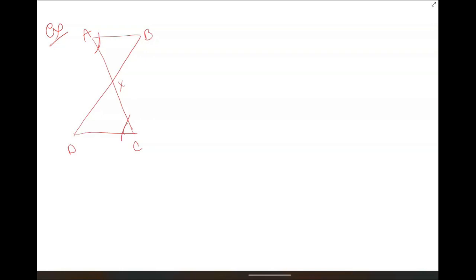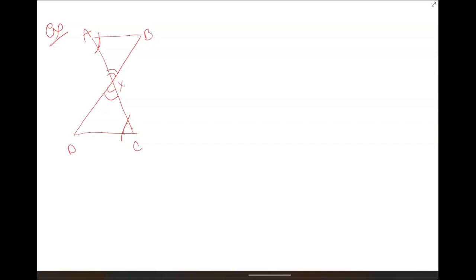So we either need another angle, or we need the included sides. Well, they don't give us the included sides, so that one's out. But we do have another set of congruent angles, the vertical angles. Sometimes they're not always given, sometimes we need to infer this.